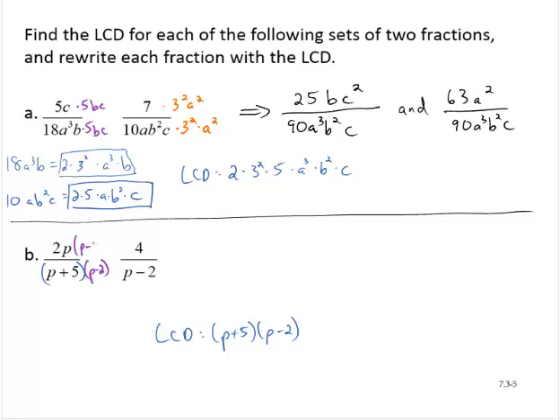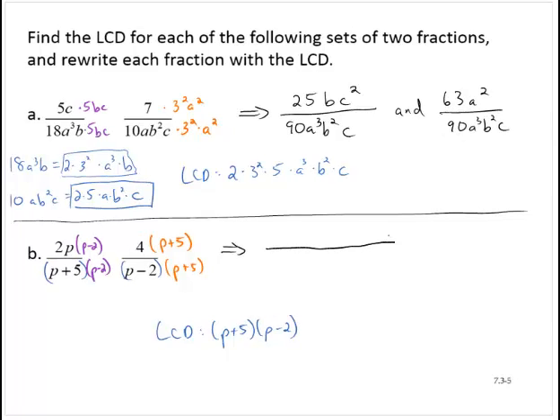Same thing in the numerator. And the second fraction, I have the p minus 2. I need to multiply it by the p plus 5. Alright, so equivalently, our fractions are, we would have 2p times p minus 2, applying the distributive property.